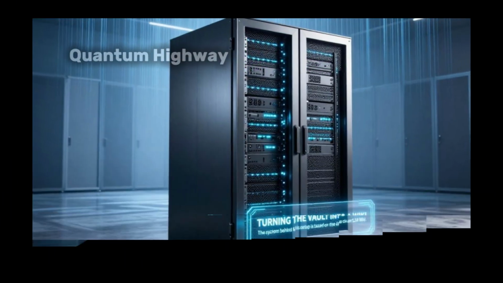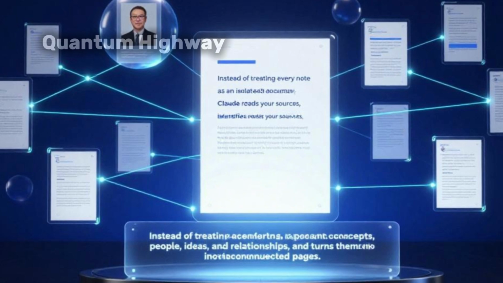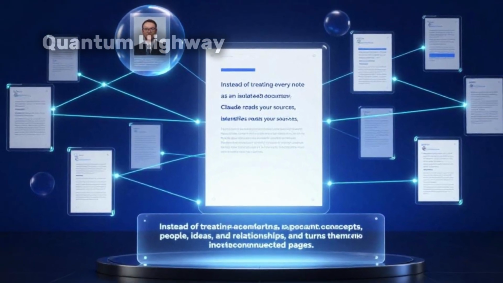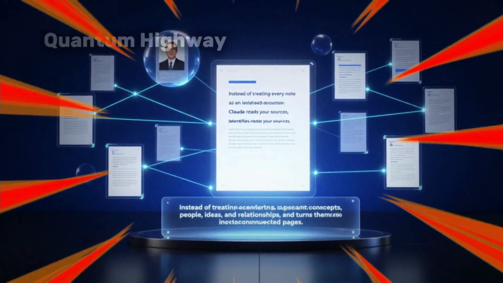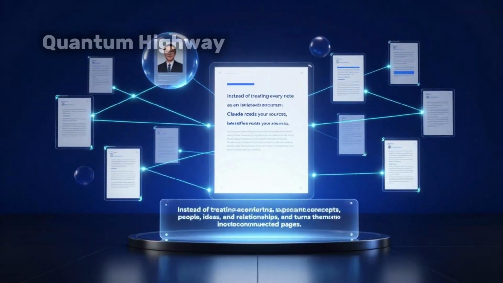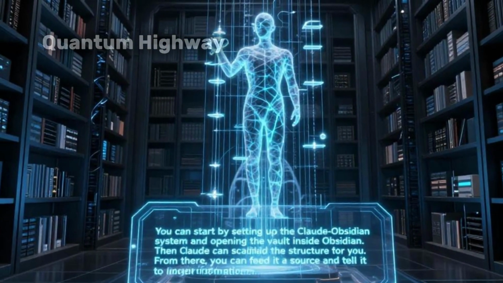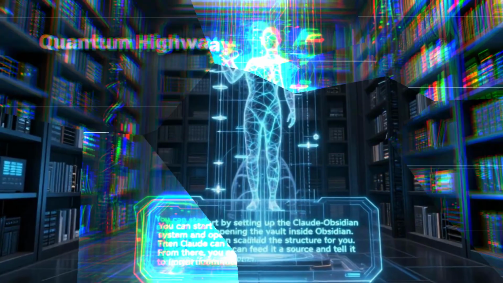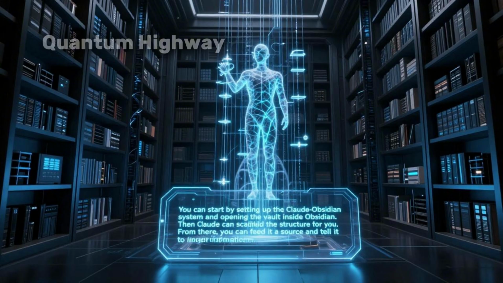Turning the vault into a wiki. The system behind this setup is based on the idea of an LLM wiki. Instead of treating every note as an isolated document, Claude reads your sources, identifies important concepts, people, ideas, and relationships, and turns them into interconnected pages. You can start by setting up the Claude Obsidian system and opening the vault inside Obsidian. Then Claude can scaffold the structure for you.